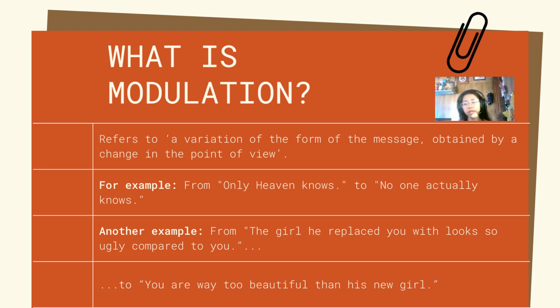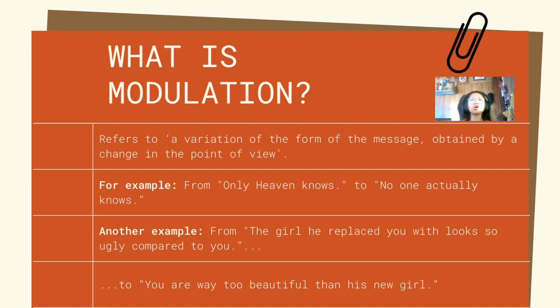Next topic is modulation. According to Vinay and Dalbernet in 2004, modulation refers to a variation of the form of the message obtained by a change in the point of view. If the transpositional translation changes the word class, modulation can change the entire phrase itself but retains the meaning of the context.